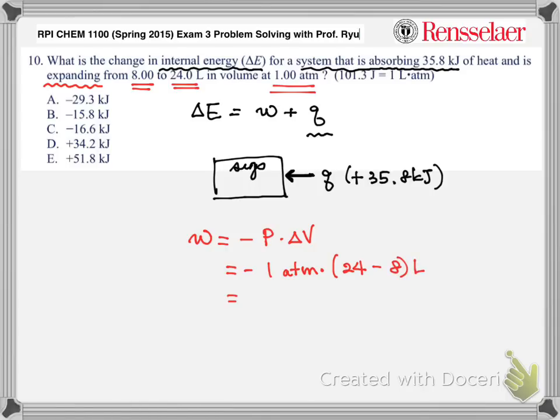So at the end you will get the unit of atm times liter. 24 minus 8, that's minus 16 atm times liter.